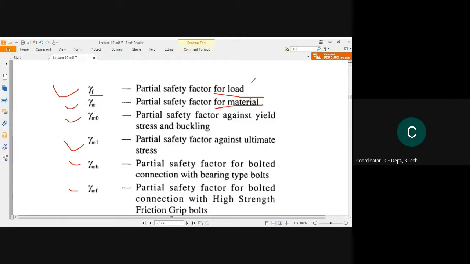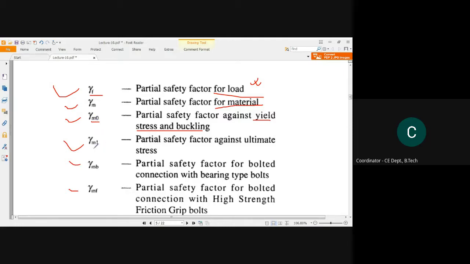So for loading, the safety factor terminology is termed as f, and for material safety factor it will be m. Next is gamma M0, or M naught. This is the partial safety factor against yield stress and buckling, so the yield stress and buckling partial safety factor will be designated with this M0.